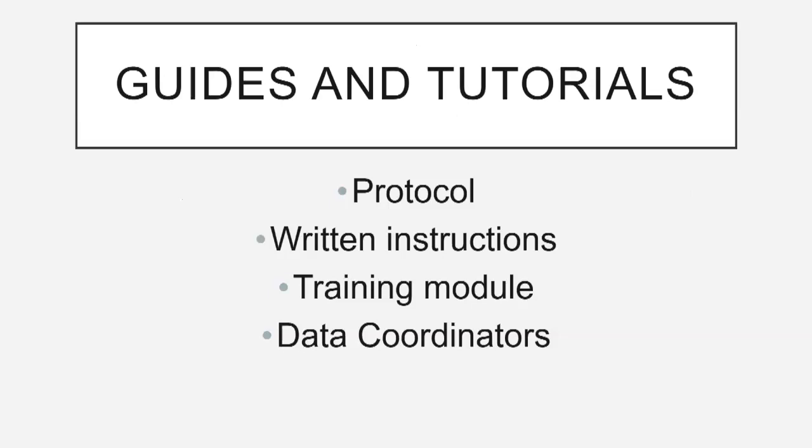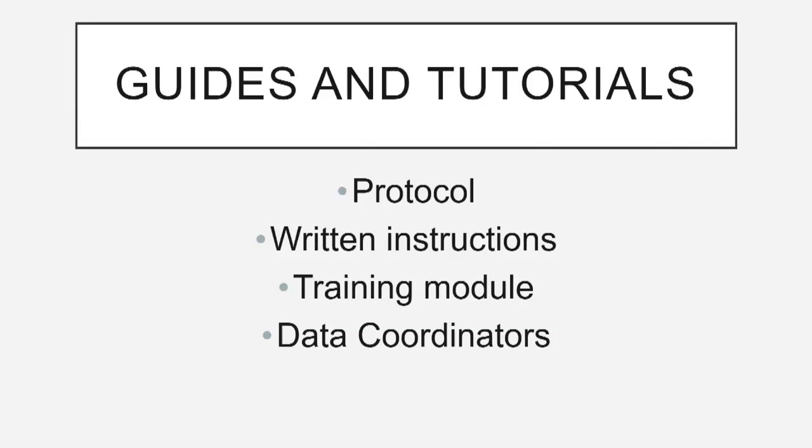Listed here are some of the best sources of information for using the system. As mentioned on the previous slide, section 15 of the protocol will tell you what specimens are required or optional. If your question is only about using the system, there's a downloadable tutorial on the SpecTrack homepage.